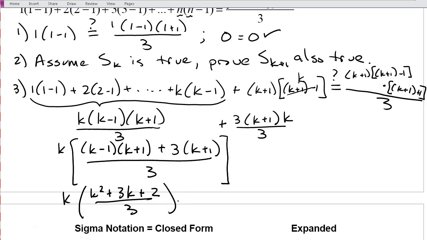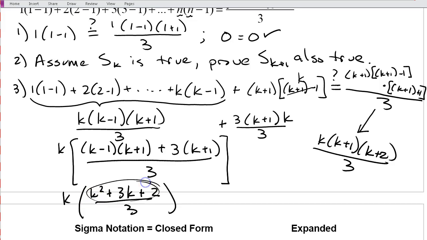If you want to go through and figure that out, you can. And then on this side, if I simplify all of this stuff, I'm going to get k times k plus 1 times k plus 2 over 3. All right, and then I could do one more step here.